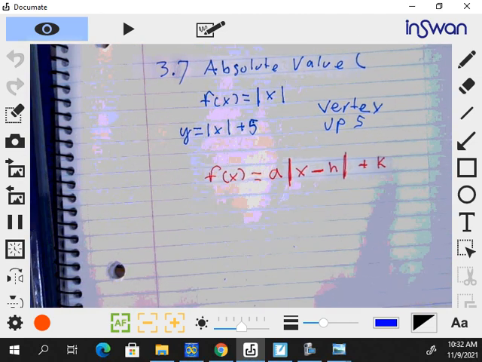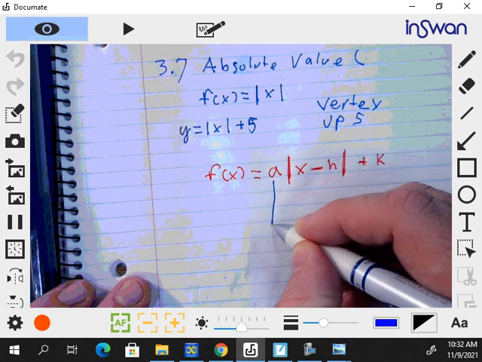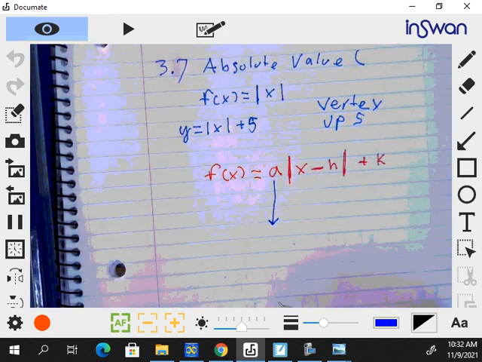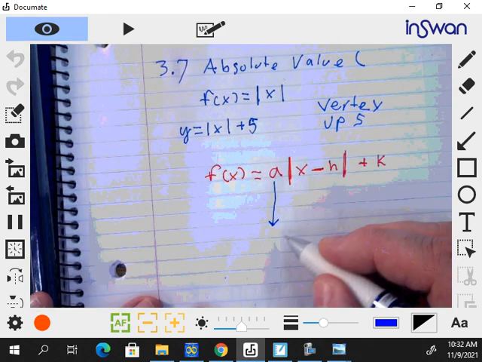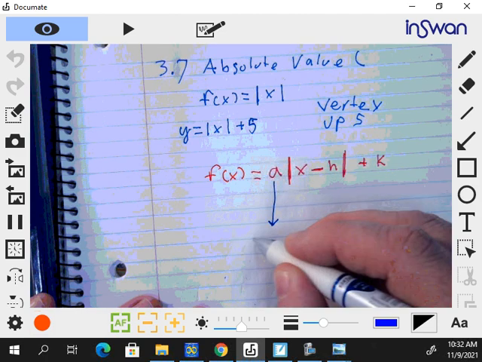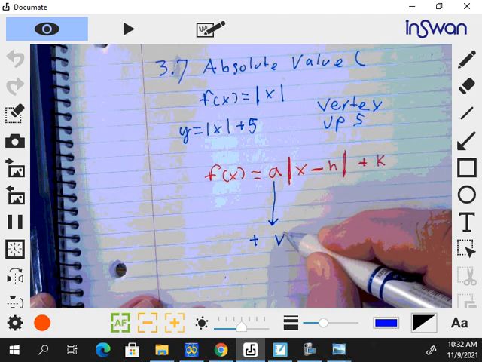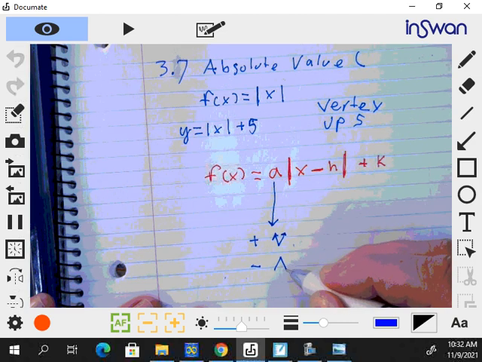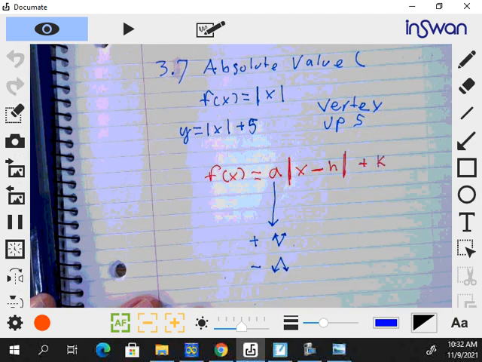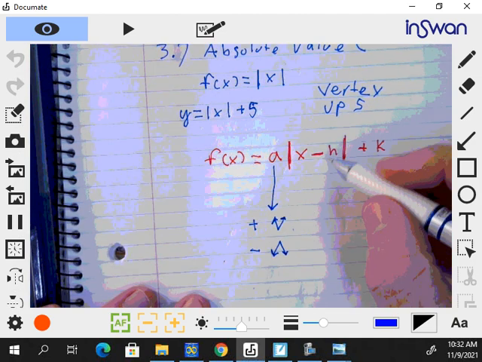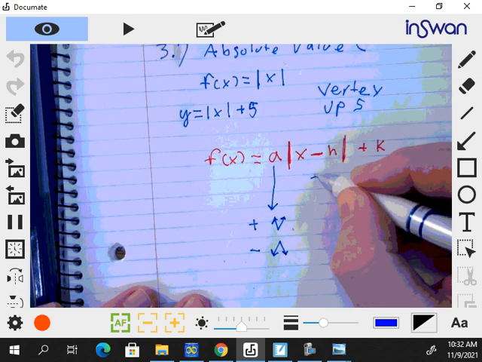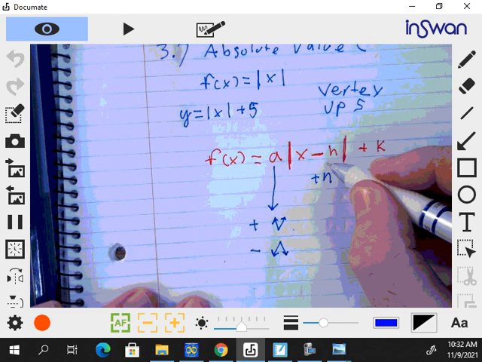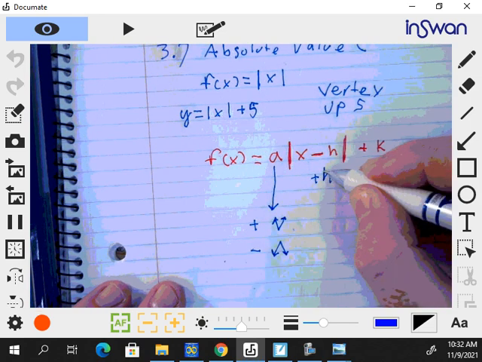This is everything that just happened, okay? And we're not going to make this super complicated. So a positive is going to look like this. A negative is going to look like this. Yes? A positive h, because it's negative, it basically does opposite things, just like the other one.